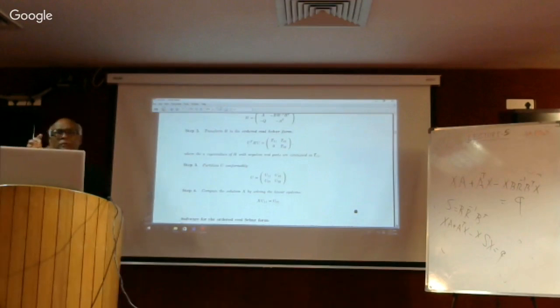And from this stabilizing solution, you can form the matrix K such that A minus BK will be stable, and the quadratic function appearing in the optimal control problem will be minimized.